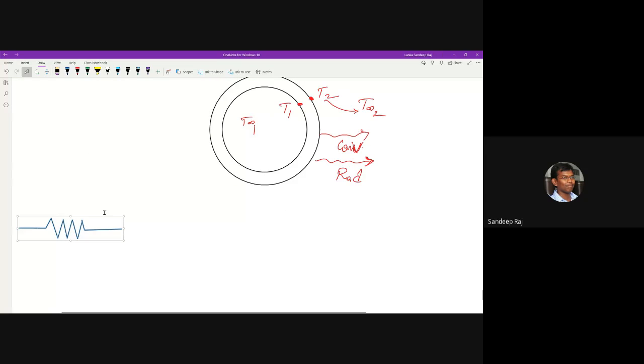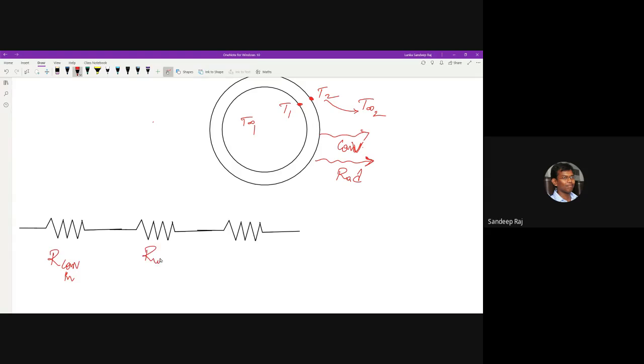Initially, you will have the resistance due to convection inside, and then the resistance due to conduction through the cylinder or the sphere. This is R convection inside.